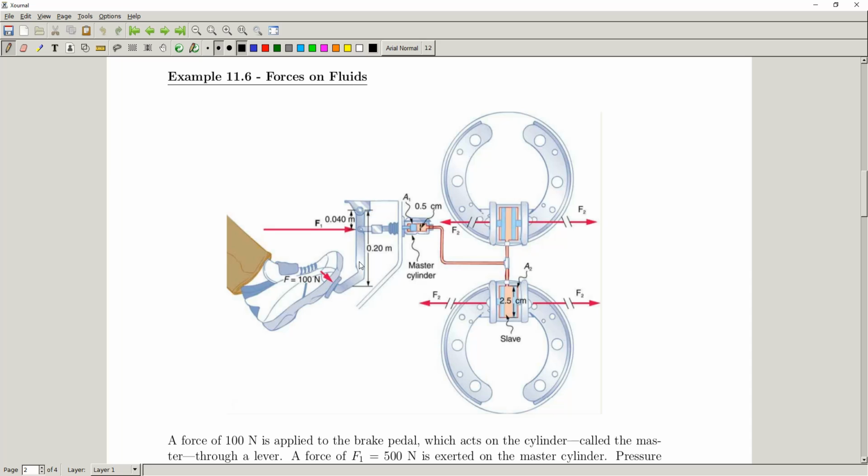We have the brake pedal here, which a person would step on, and this would apply a force to a piston, which would apply pressure to the liquid in the hydraulic system. And this fluid would then, through Archimedes' principle, or I should say through Pascal's principle, disperse this force throughout the fluid.